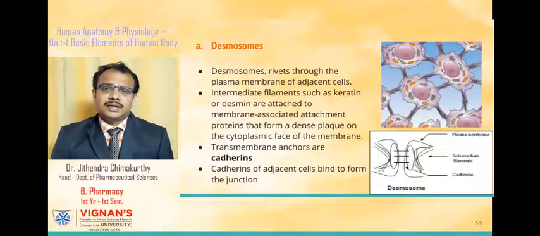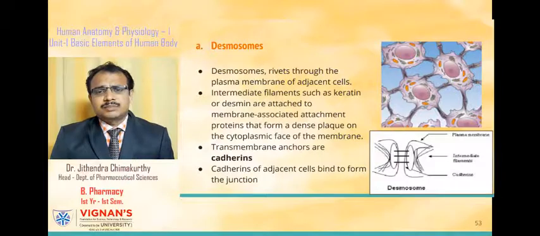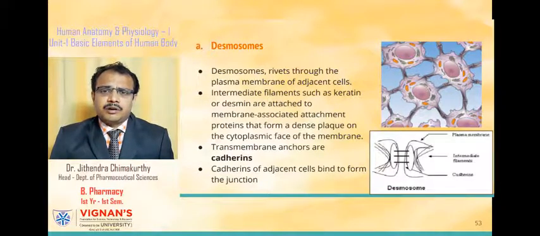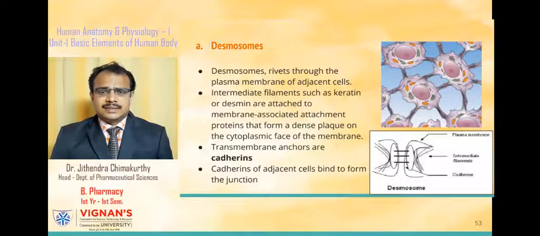The cytoskeletal anchors, which can also be called cytoskeletal proteins or intracellular proteins, form a plaque at the plasma membrane, and the transmembrane links cross through the plasma membrane and form a link with the transmembrane protein of other cells.